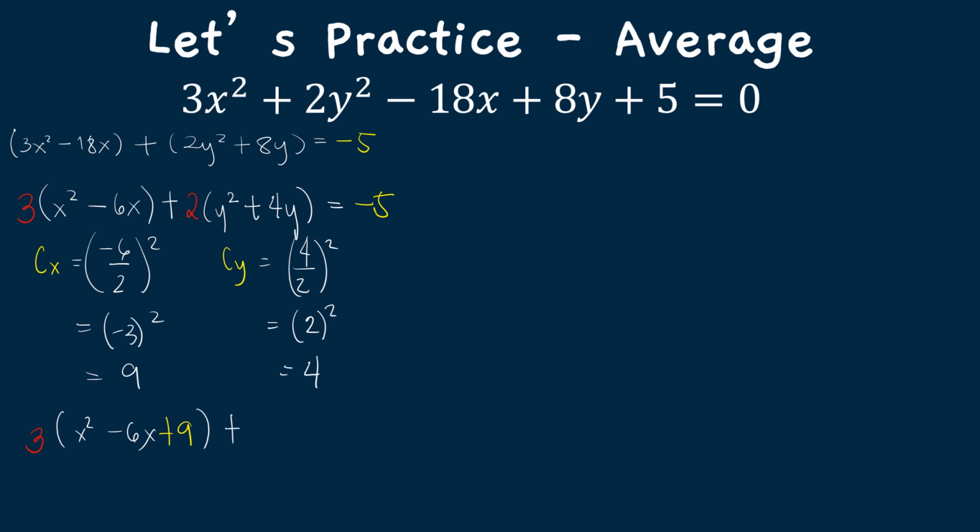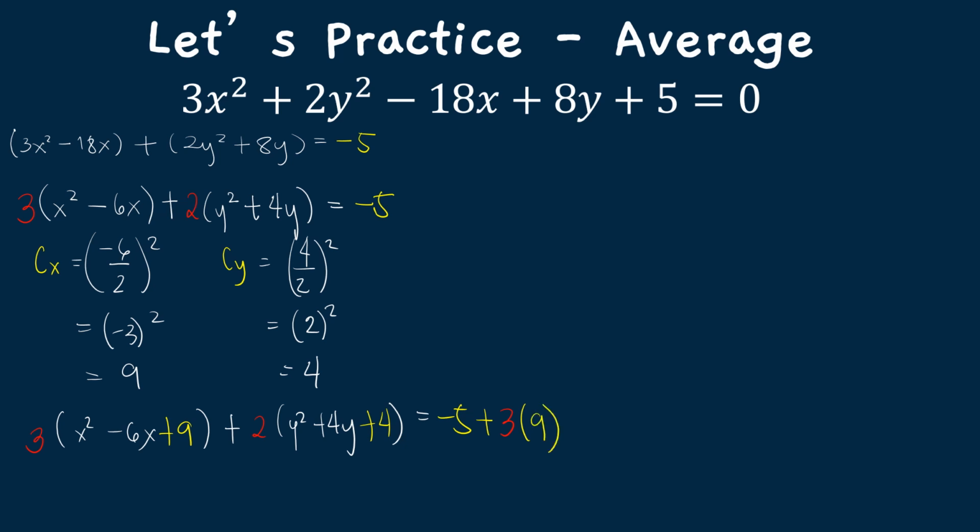Continuing to y, you have 2 multiplied by y squared plus 4y plus 4 is equal to negative 5, plus, okay, it's plus 4. Before that, you should multiply it by 3 first. Plus 3 multiplied by positive 9.